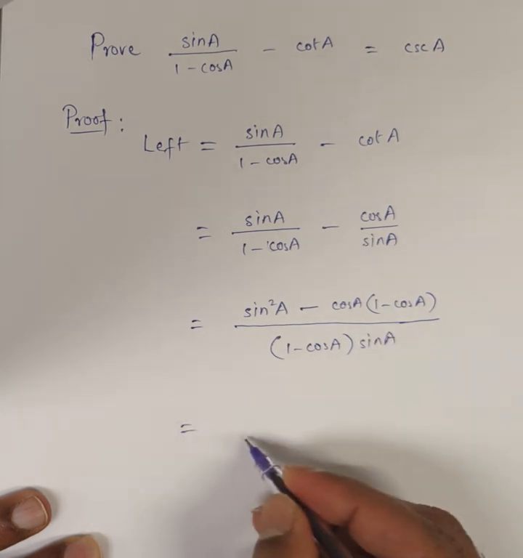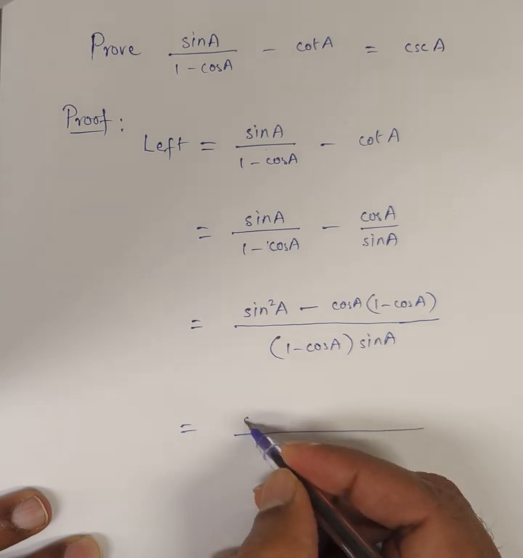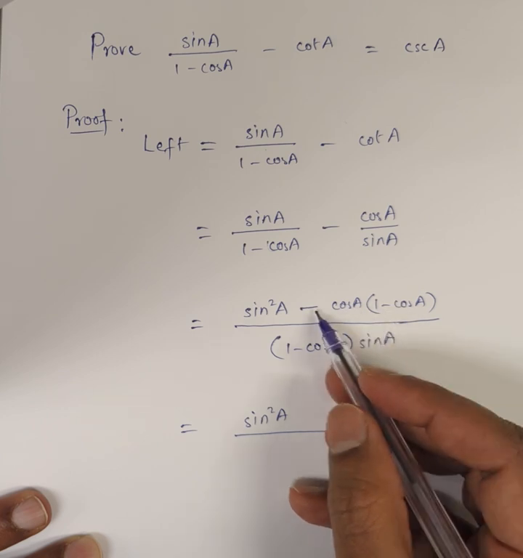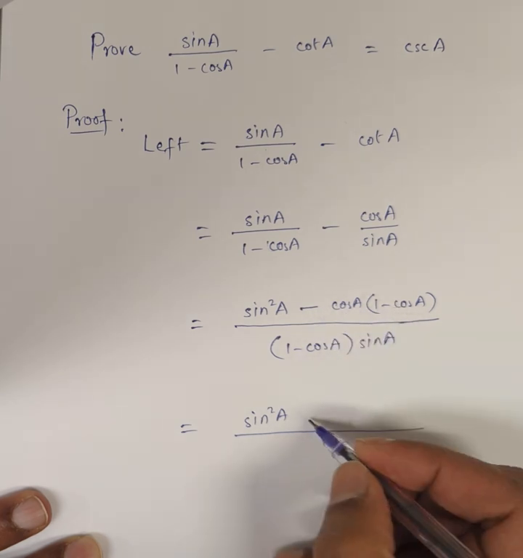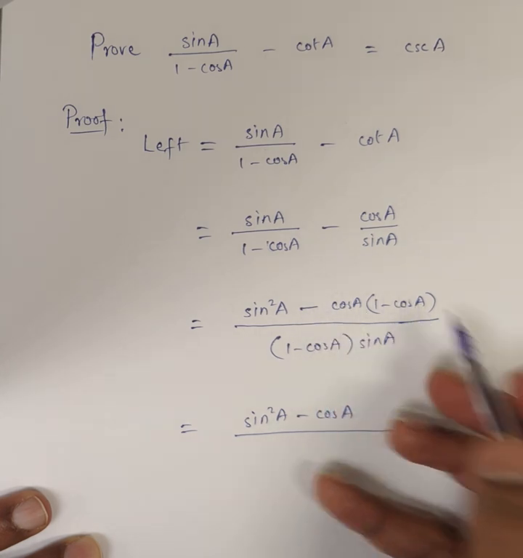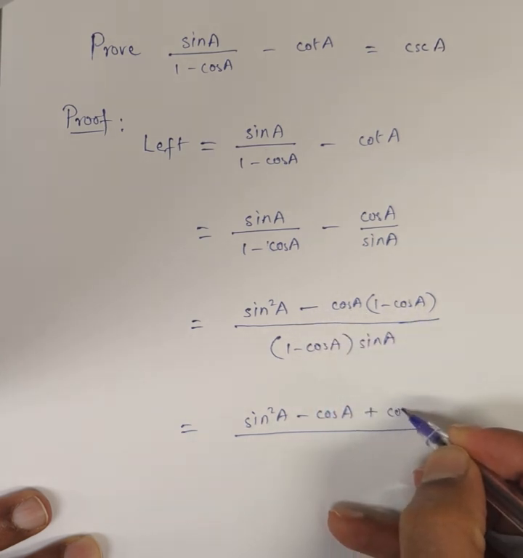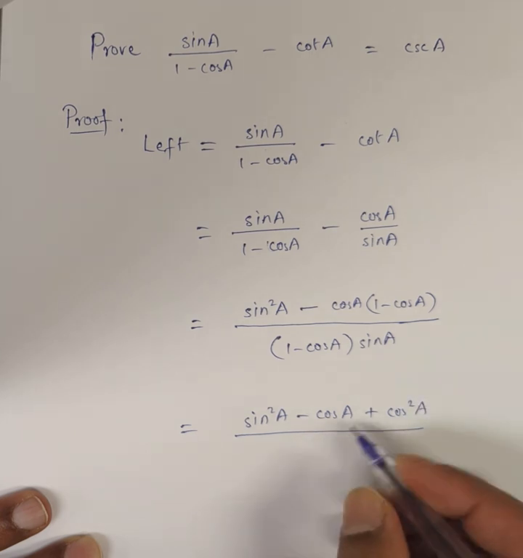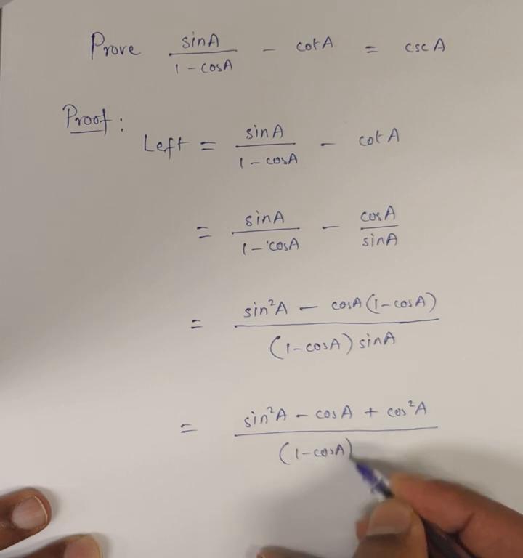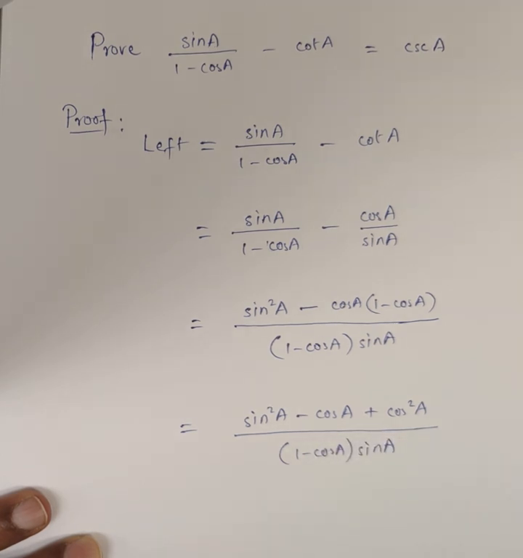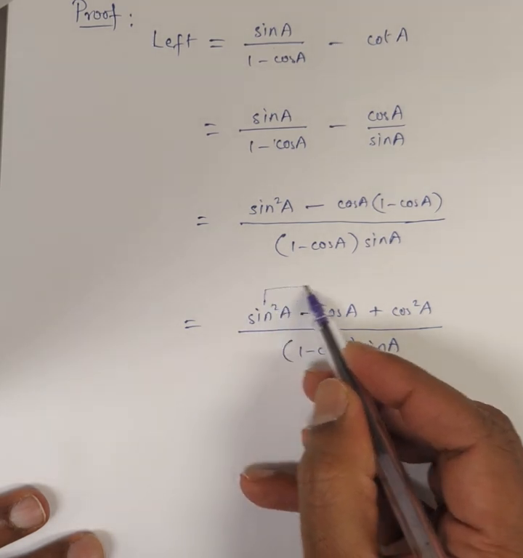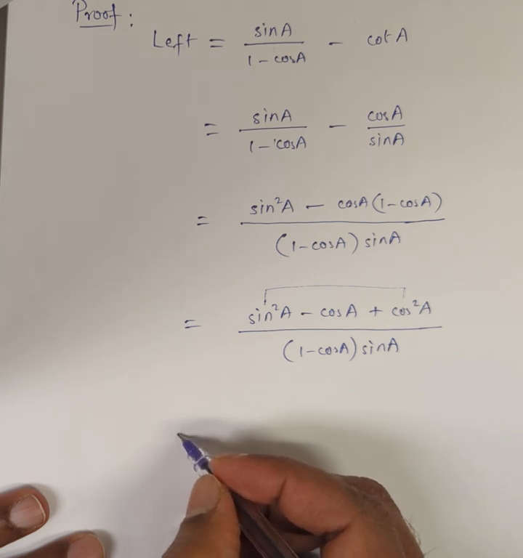And let's simplify the numerator. It's going to be sine square A. You distribute the negative cosine A: negative cosine A times 1 is just negative cosine A, and negative cosine A times negative cosine A is positive cosine square A. And let's leave the denominator as it is, 1 minus cosine A times sine A. And notice, you can combine sine square A plus cos square A. That's just a 1.